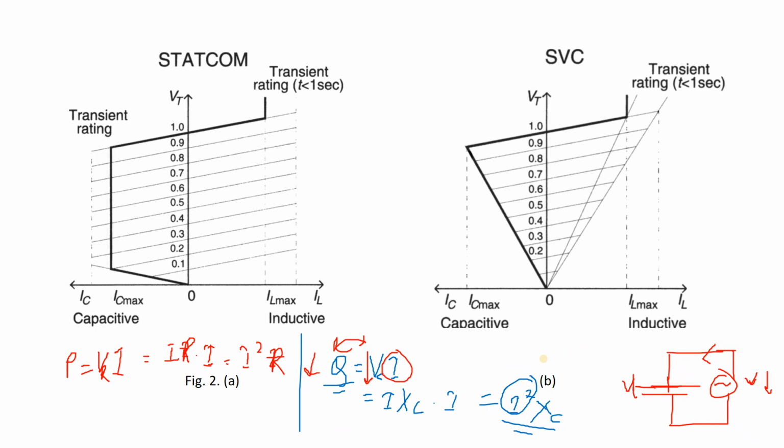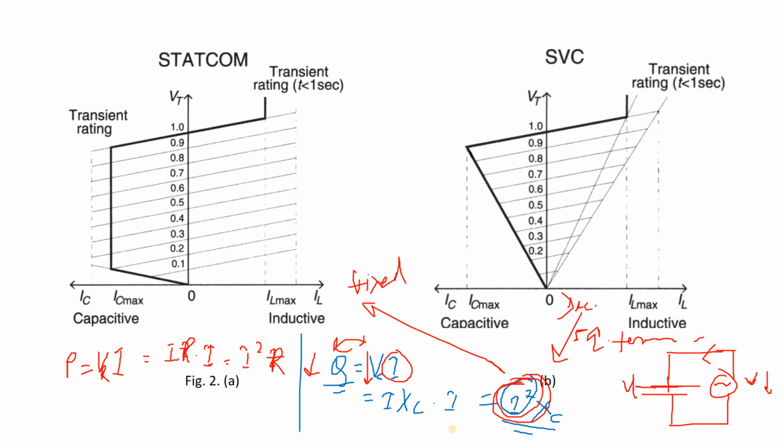But for the SVC, the decrease is twice, that means square, because the current is also decreasing. For STATCOM it is fixed, but for SVC it is decreasing by square terms.